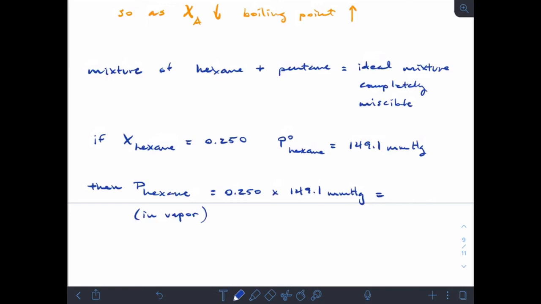So the vapor pressure of hexane in the mixture above is 37 millimeters of mercury.